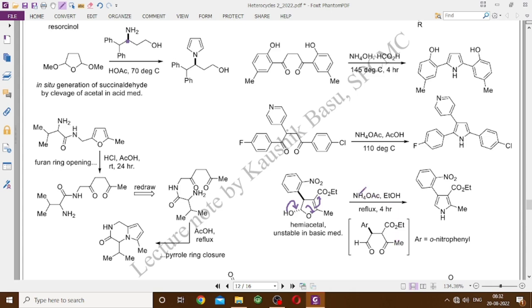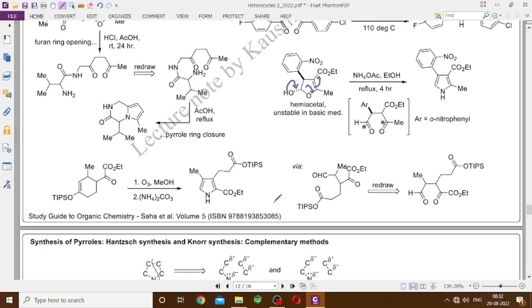Ammonia will most definitely attack first here and then it will attack here and then the ring will close.